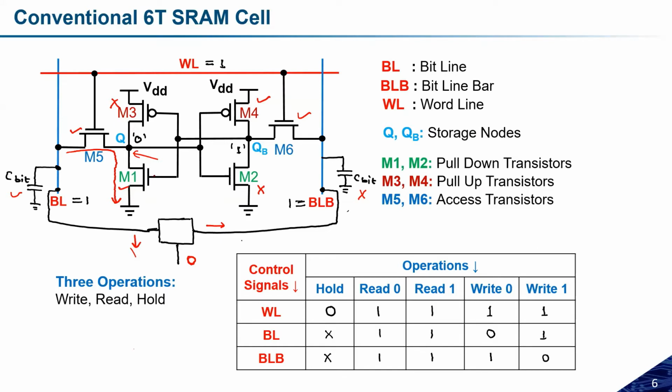To make the isolation, to make it latch, to write the data, because the capacitor is involved here, sometimes we want to break the connection between the bit line and the storage nodes. For that purpose, we need a switch, and the transistor is the best switch that we can use here. That is why we need the access transistor. So this is the answer to your first question. I think you got it.